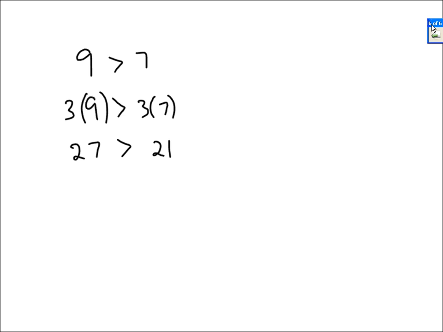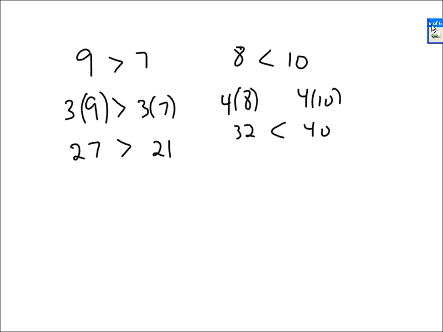The sign did not change. Less than. 8 is less than 10. If I multiply those numbers by 4, 32 and 40, 32 is smaller than 40. The sign in the middle did not change.